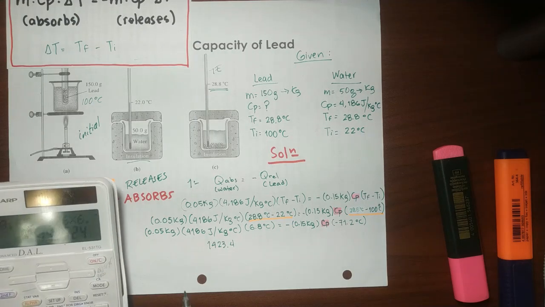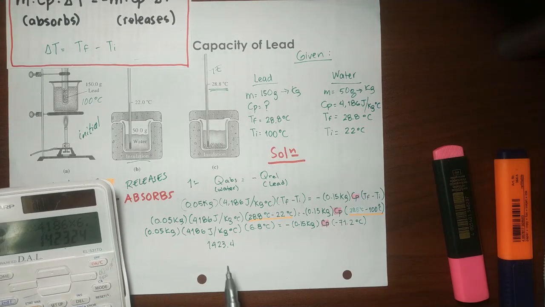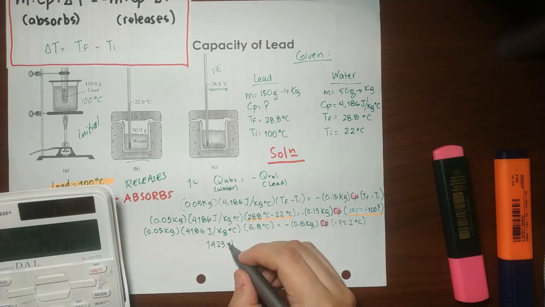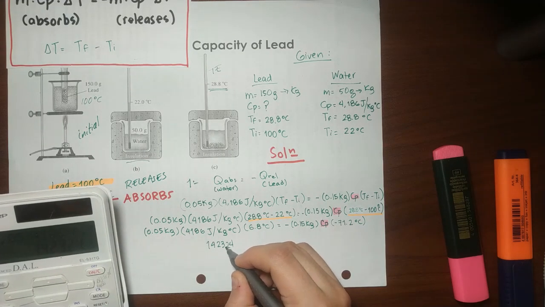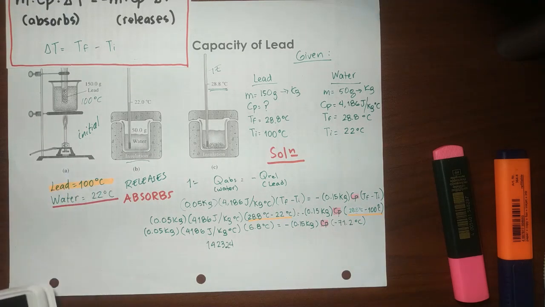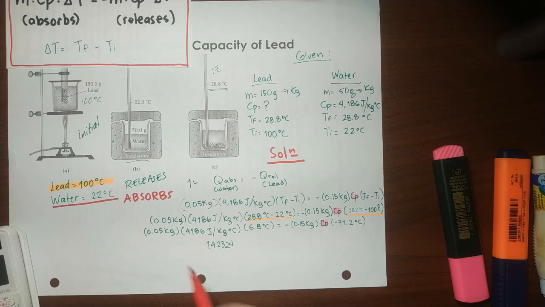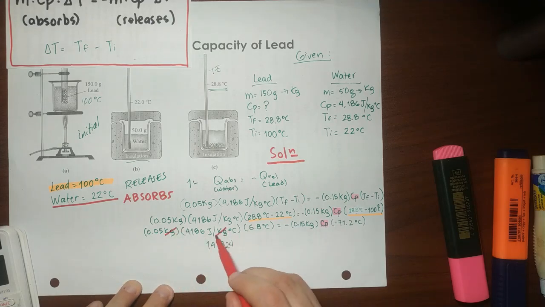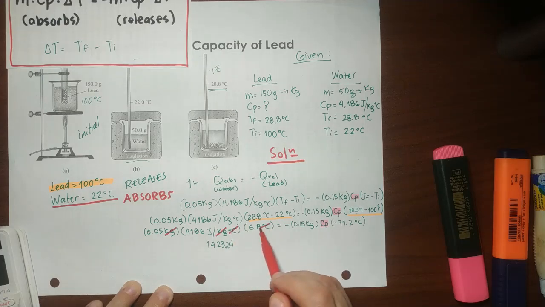This gave me 1423.24. Now, what are the units that we're gonna write right here? So take a look. My kilograms right here are gonna be cancelled with this. My Celsius from my specific heat capacity is going to be cancelled with Celsius from the change in temperature.